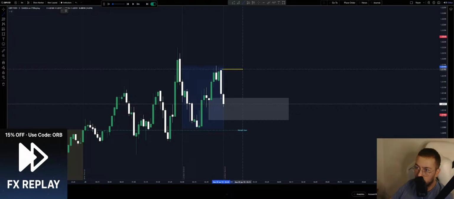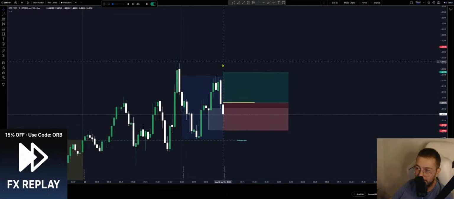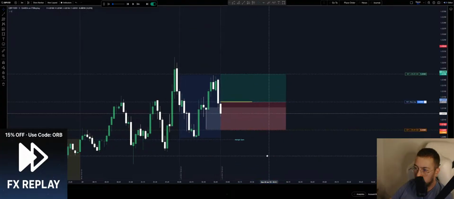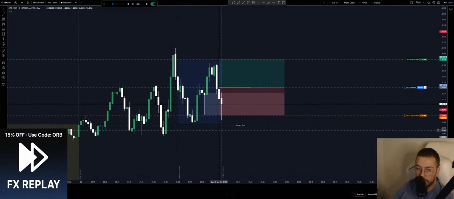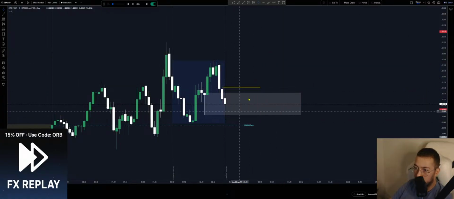That was our original entry, but the price failed to breach this candle. Then our entry changed here. That's what I mean when I say the stop loss is very tight. Let's see. Okay, the price did not give us an entry and invalidated our zone because it breached the zone.